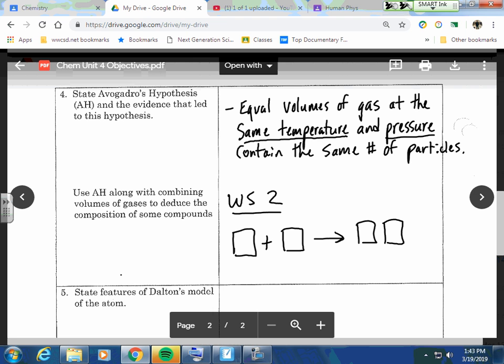If we make more volumes of gases, we can determine that we actually had some of those particles be diatomic, meaning the two atoms of the same type stuck together. So we start to see some things with compounds.